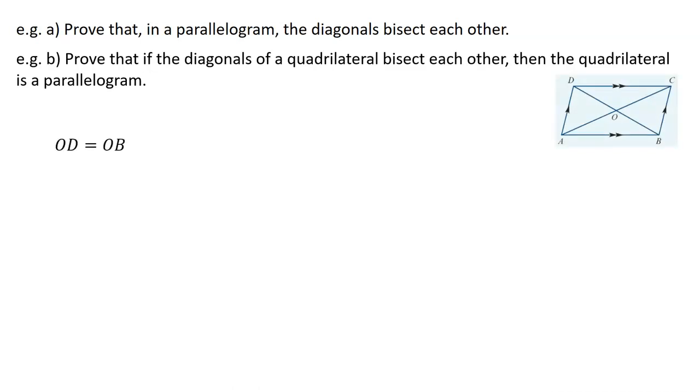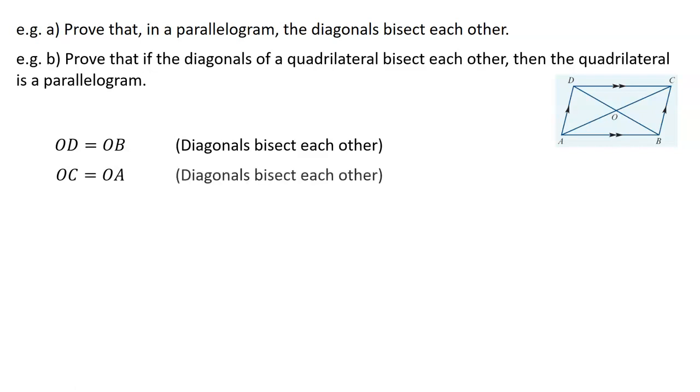So I know the diagonals of a quadrilateral are bisecting each other. So that means OD equals OB, because that's what I'm told. Similarly with OC equal OA. Angle DOC equals angle BOA, because they're vertically opposite.